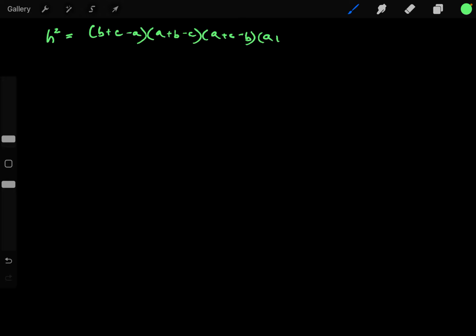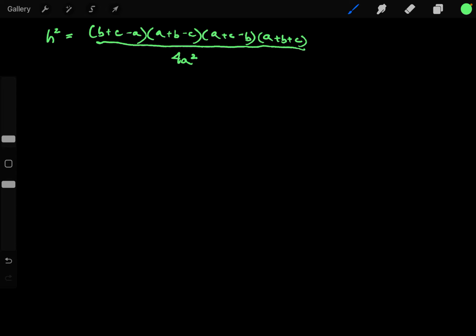Because then you rewrite it. h squared is equal to, and I'm just going to rewrite that expression in a different order, b plus c minus a times a plus b minus c, and then a plus c minus b, and then a plus b plus c, over 4a squared.